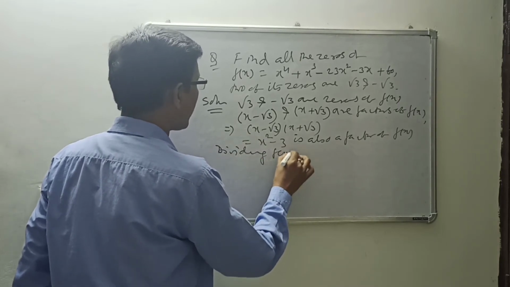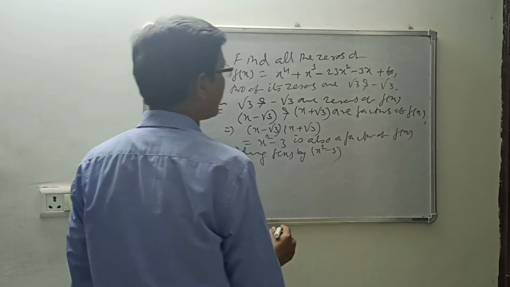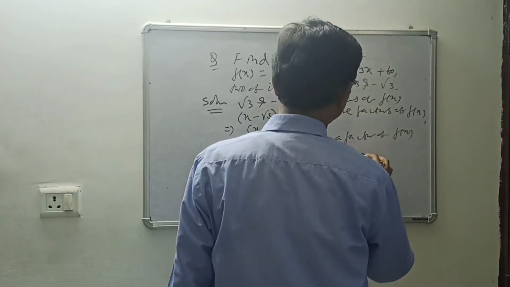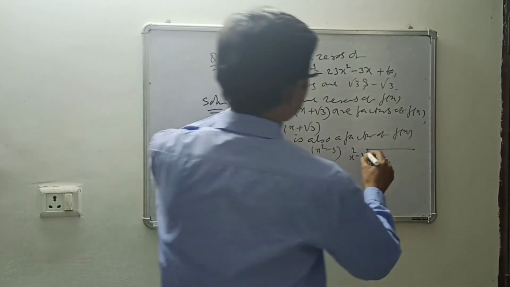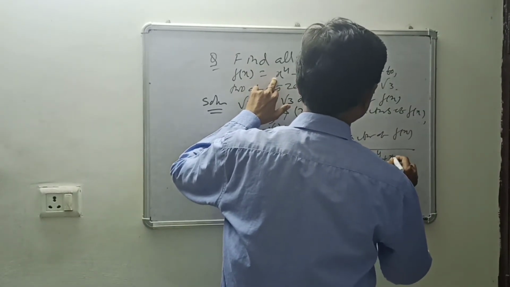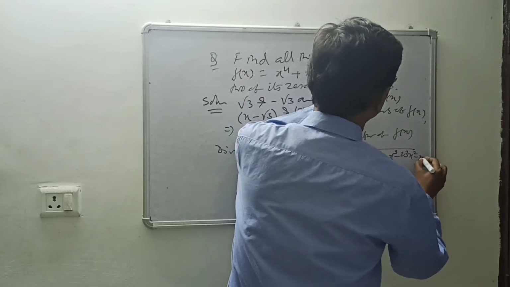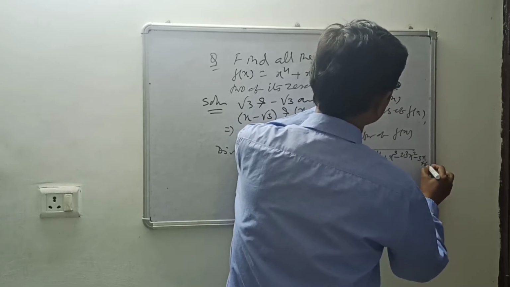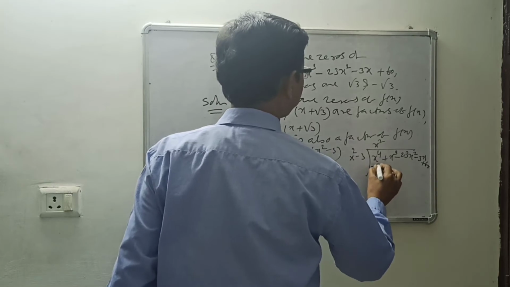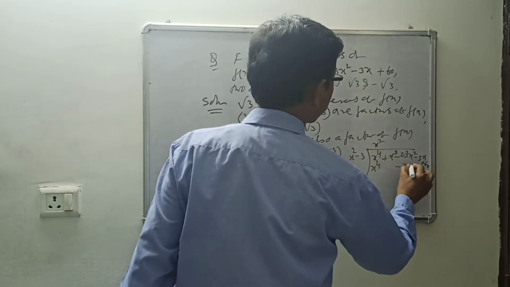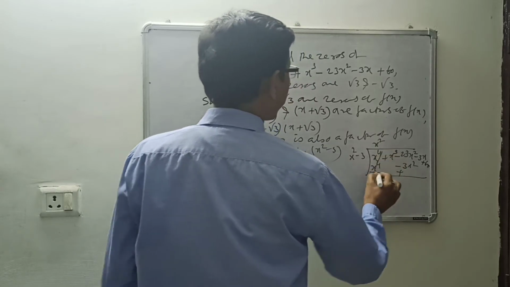So dividing f(x) by x square minus 3, what will we get? That is to be checked. x^4 plus x cube minus 23x square minus 3x plus 60. First it will go by x square minus 3, x square. Like terms below, you will write the like terms. It is cancelled.